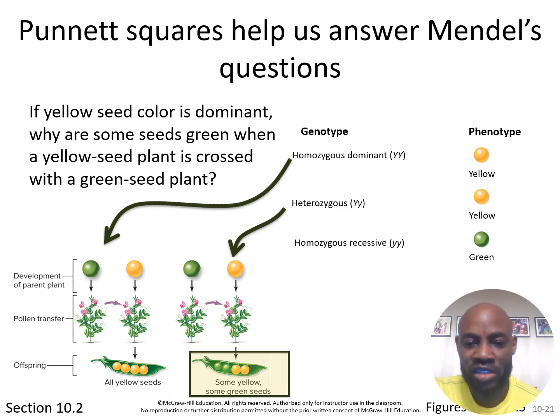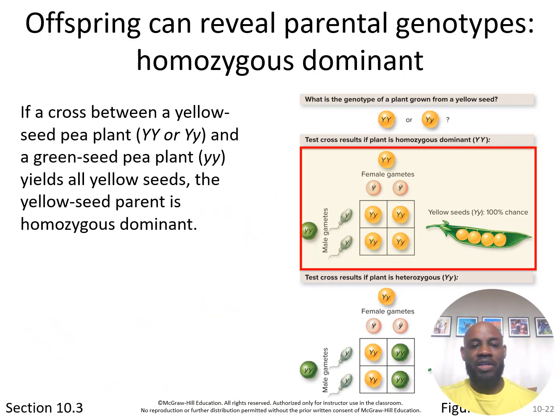So the Punnett square helps us to answer those questions. If the yellow seed color is dominant, why are some seeds green when a yellow seed plant is crossed with a green seed plant? The Punnett square can help us answer that. If a cross between a yellow seed plant and a green seed plant yields all yellow seeds, that tells us the yellow seeded parent is homozygous dominant.